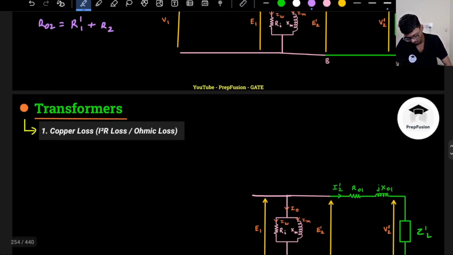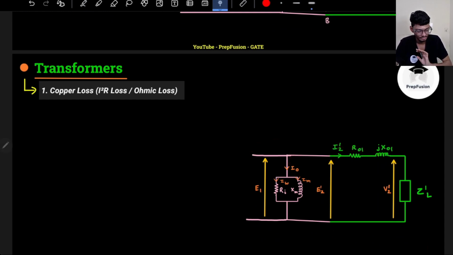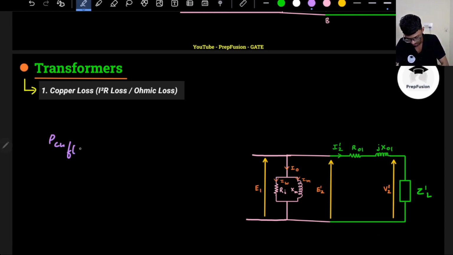So what is full load copper loss? If you remember, there was a term known as full load copper loss. If I refer everything to the left-hand side, it will not make much of a difference. This we had already discussed previously. Full load copper loss, CUFL, was IFL, the full load current, whole square, into RO1, if it is in the primary, or RO2 if it is in the secondary.